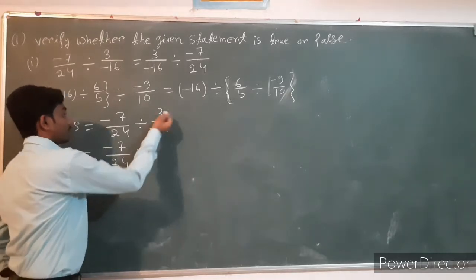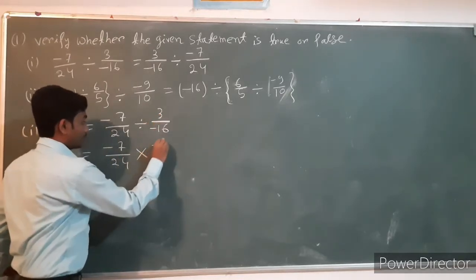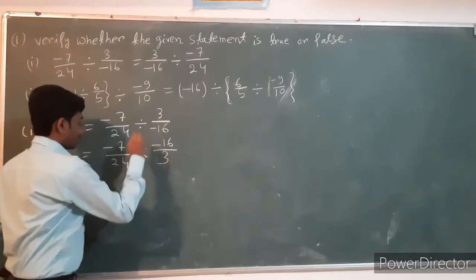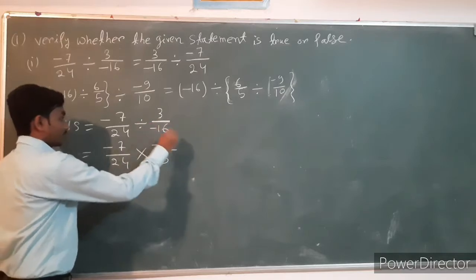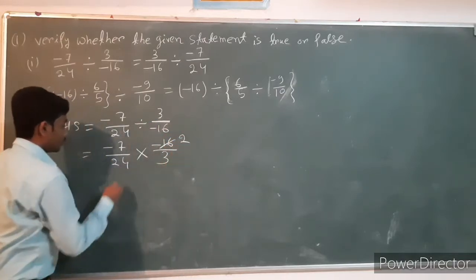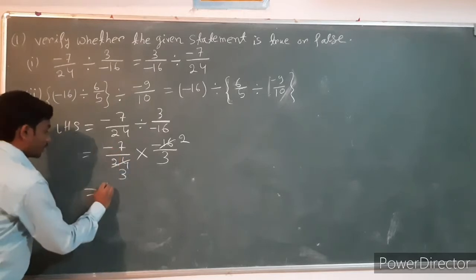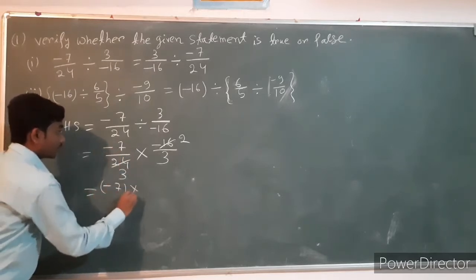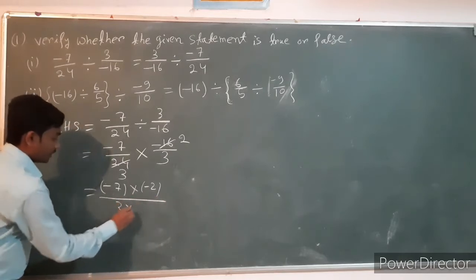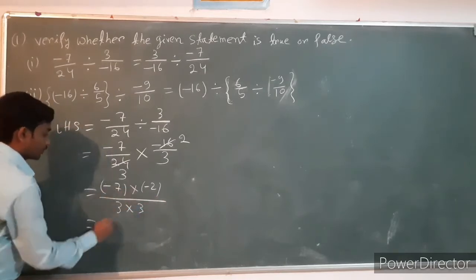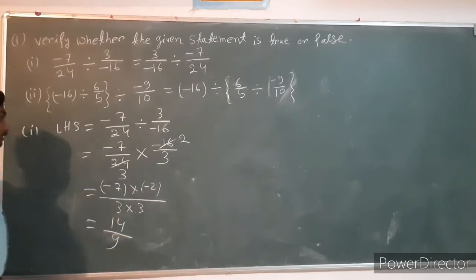Next, the multiplicative inverse of the divisor, that is minus 16 upon 3. So we divide 16 by 8, we get 2, and it is equal to product of numerator upon product of denominator, which is 14 upon 9.